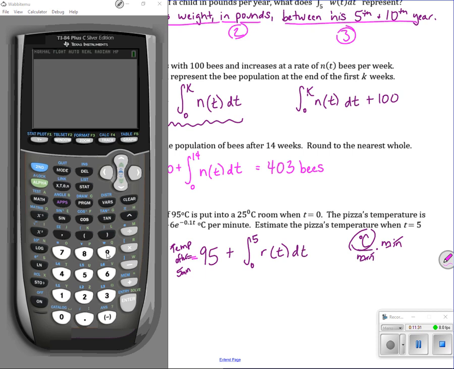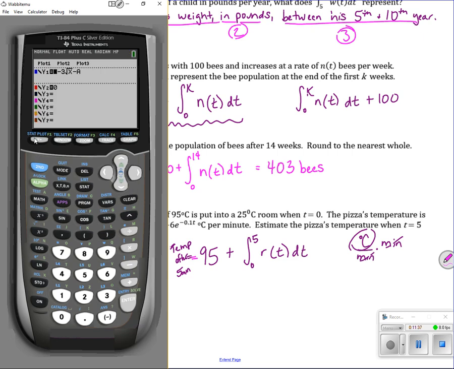So here we go, calculator. We love the calculator. Remember again, I could go to Math 8. If you like to put it in Y1, that's fine as well. I'll do that one this way since I did the other one the other way. You have options. So negative 6e to the negative 0.1x.